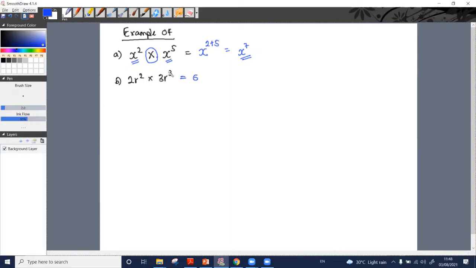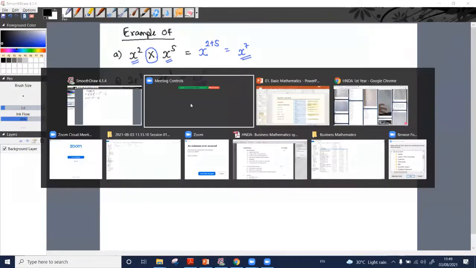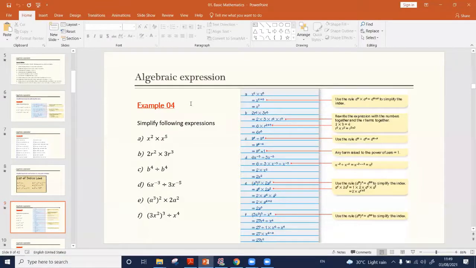So what can we do now? We can add the given power values. Therefore, it should be 6 into r to the power 5. I'm directly writing the answer. 2 into 3 is 6. r squared into r to the power 3 is r to the power 5. The base is the same, there is this multiplication, therefore we can add the power values. Right? That is part B.